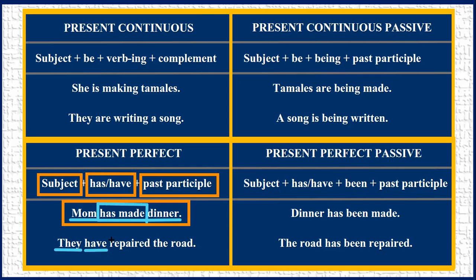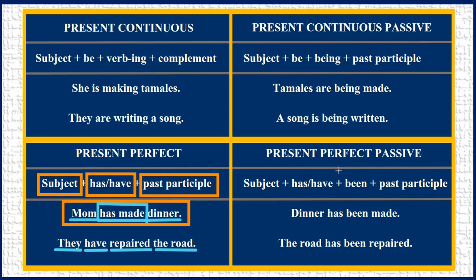Have is the auxiliary verb, right? Now, what element in this sentence is this? Is the main verb, right? That means that this is the action. And what element is this? Object. Excellent. Is the object. Very good. Now, this is present perfect.